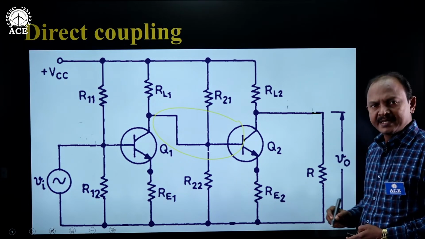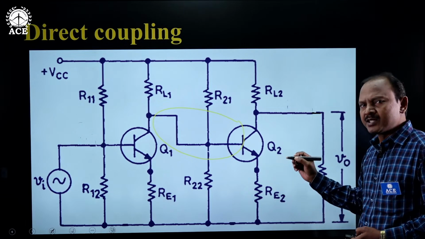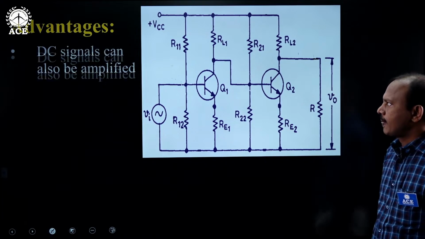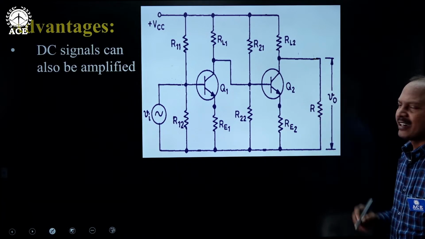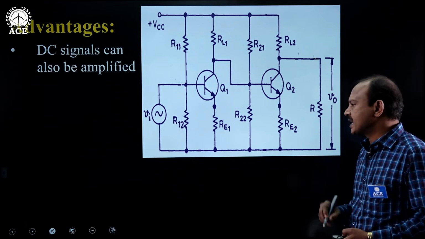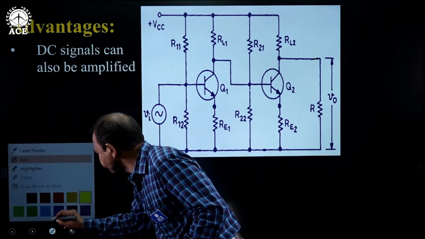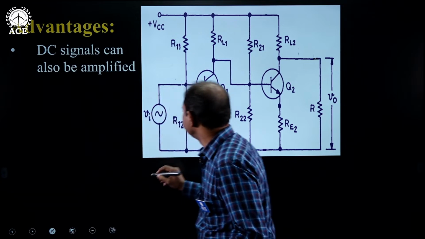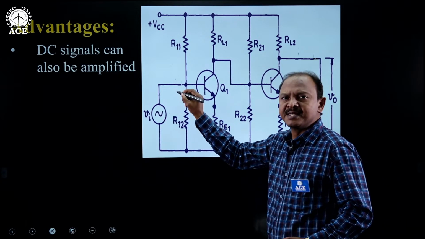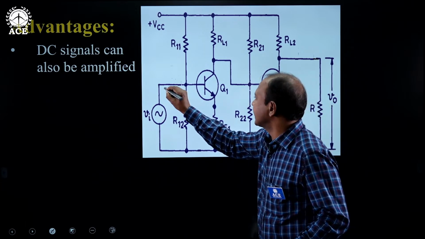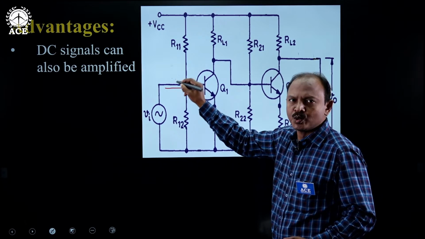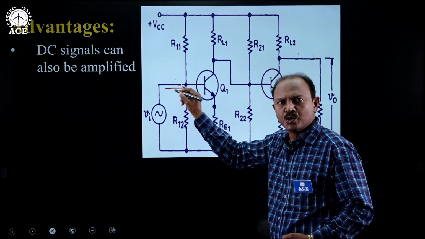Now, let us consider the advantages of this circuit one by one. First advantage, DC signals can also be amplified. Understandable? If you apply the input signal as DC here, that DC signal can directly enter the first stage as there is no coupling capacitor or blocking capacitor used.